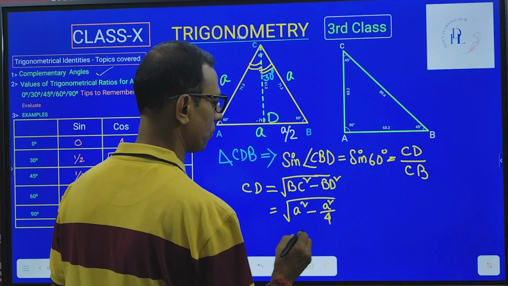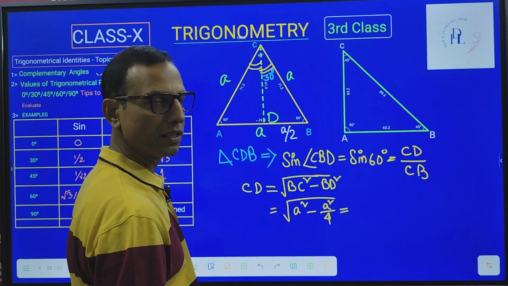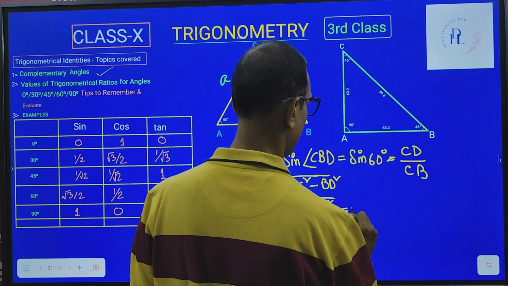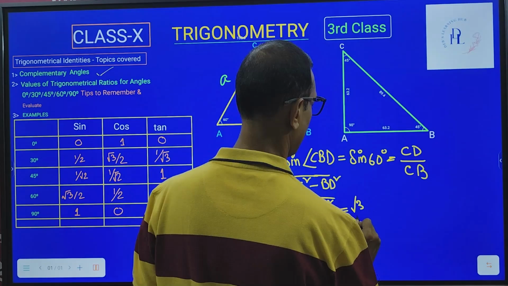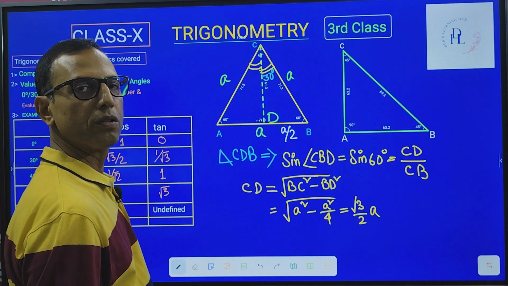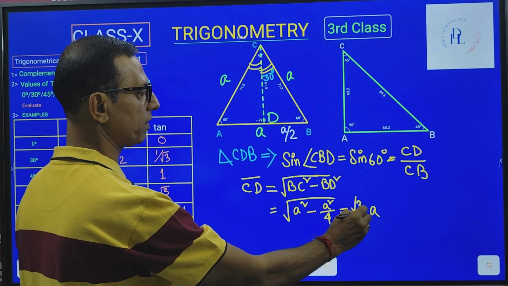That equals 4A square minus A square, 3A square by 4. That means CD is root over 3 by 2 A. So CD is root 3 A by 2.